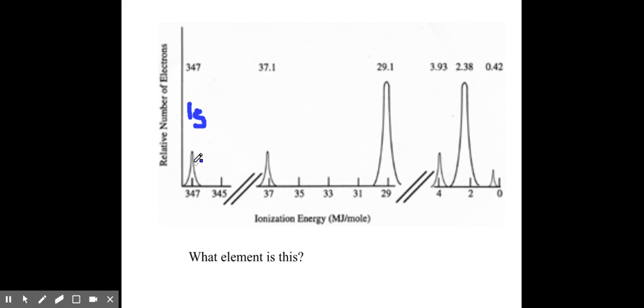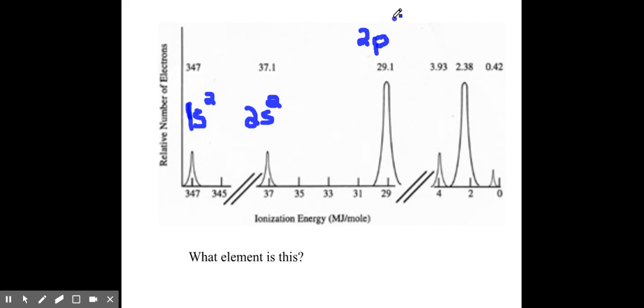And I know that it's the similar peak to this one over here, so that's going to be 1s2. And then this is going to be a 2s2. And then the next step is going to be the p orbitals, and then these are both the same height, so I'm going to assume that they're both full as well.